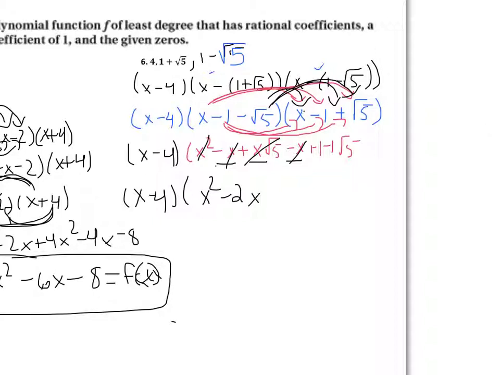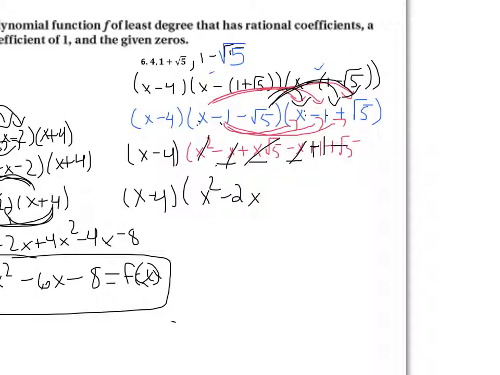So that's x squared minus x plus x times the square root of 5 minus the x. That gives me minus x. That gives me plus 1. So this should say plus 1. And then minus the square root of 5.